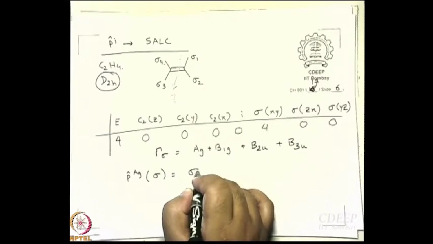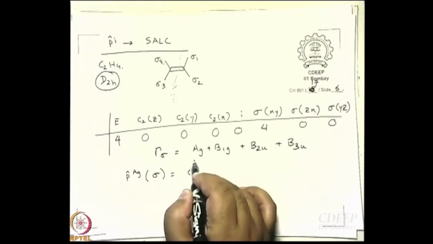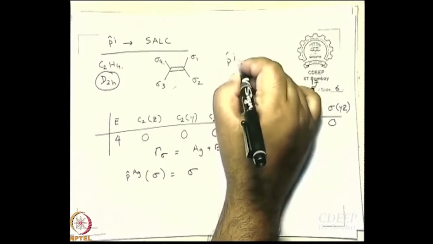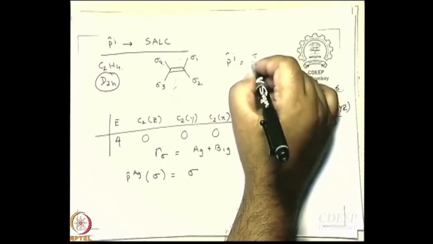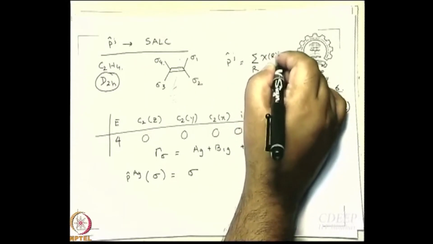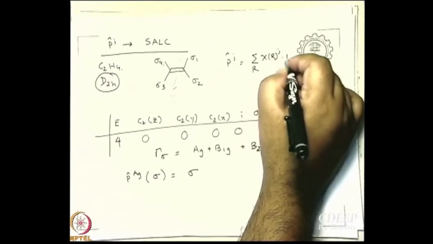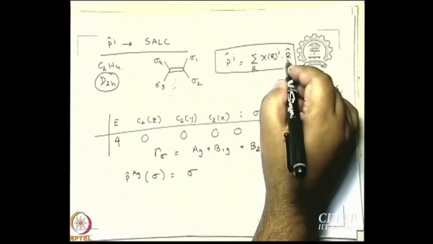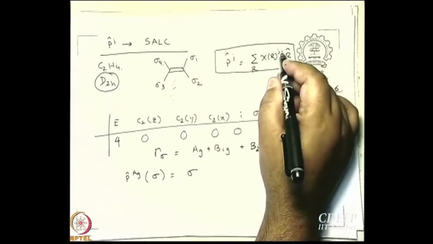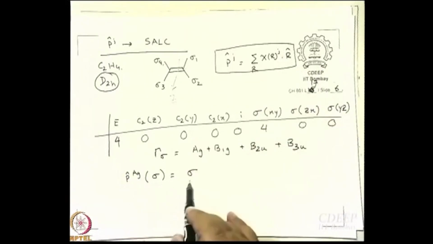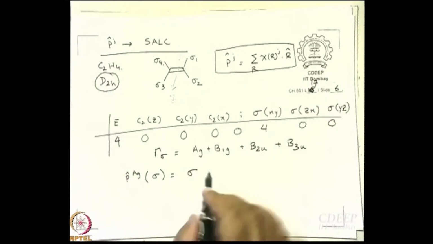Sigma, right? What is Pj hat? I hope you have not forgotten that. It is sum over R of chi R j multiplied by R hat. So basically what you have to do is make R hat operate on that function and then multiply it by the appropriate character. So for the first one, E operates on sigma to give sigma, multiplied by 1 is 1 sigma.